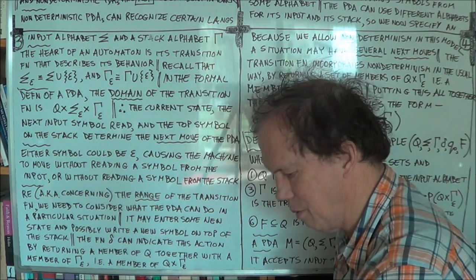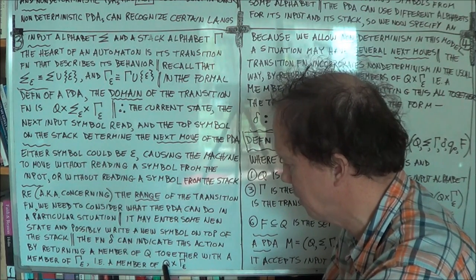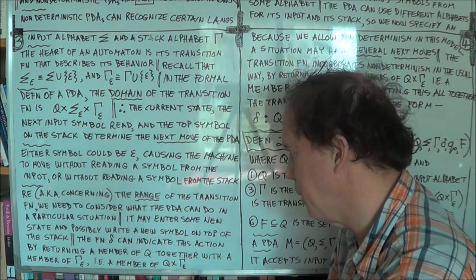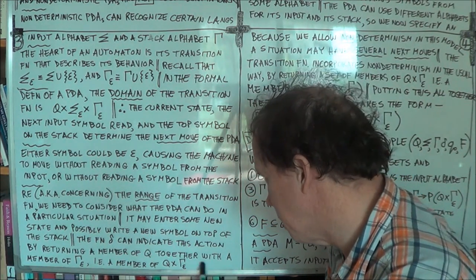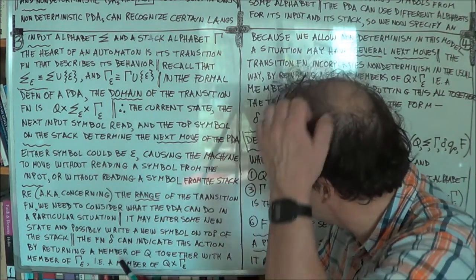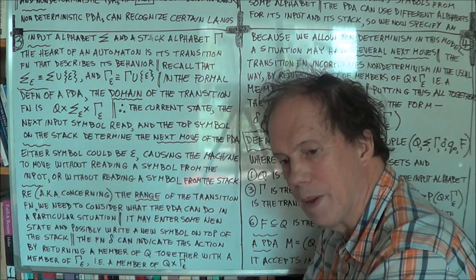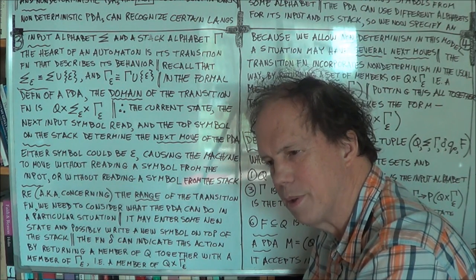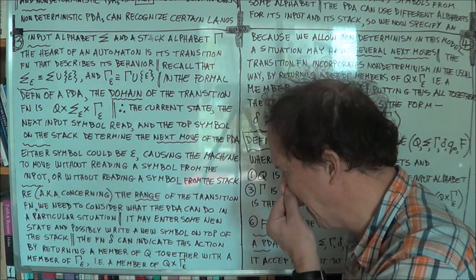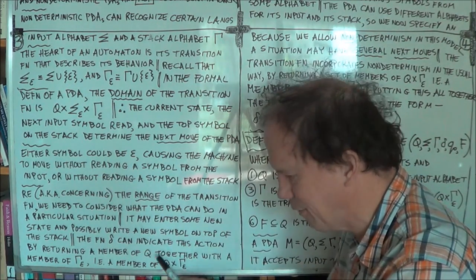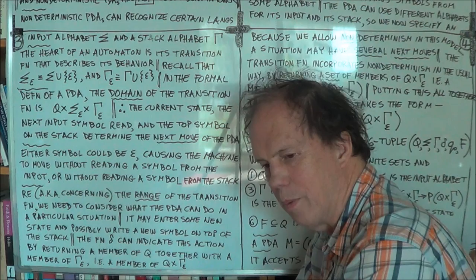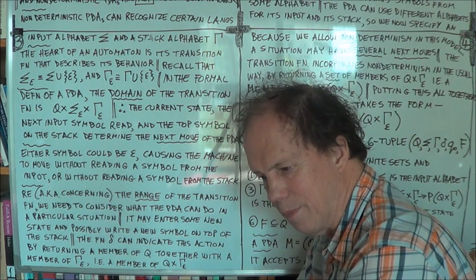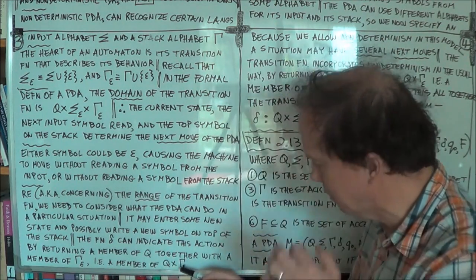The first member of the ordered pair will be the next state, Q, and the second member of the ordered pair will be what? That's the symbol of your stack alphabet that is to be put on the top of the stack, I guess. It's still a bit fuzzy on whether you're reading the stack or writing the stack. That will become clearer as we get into it.